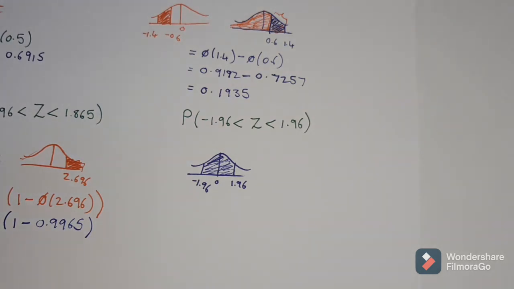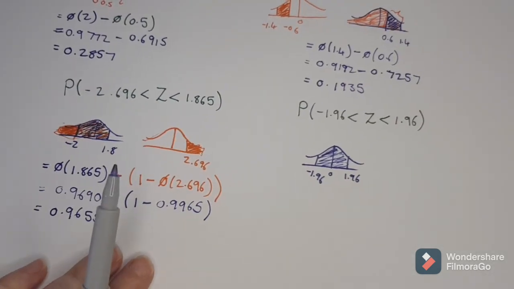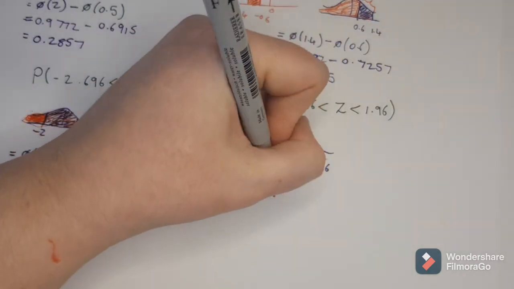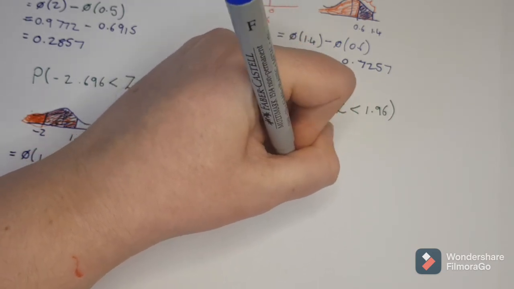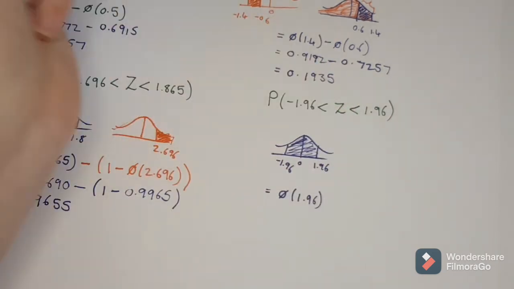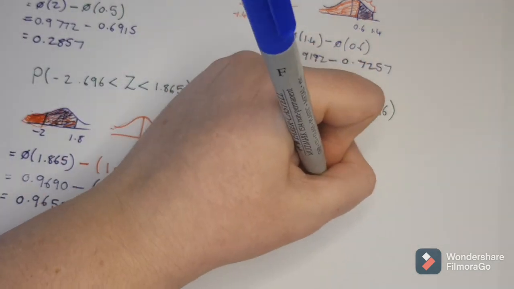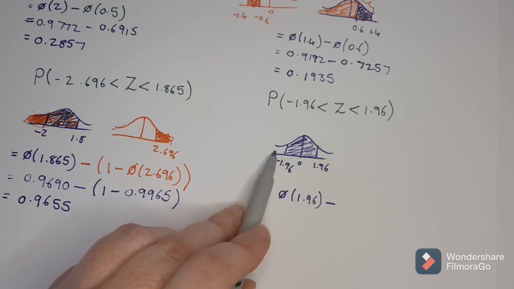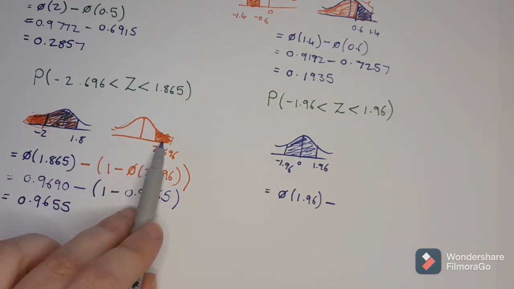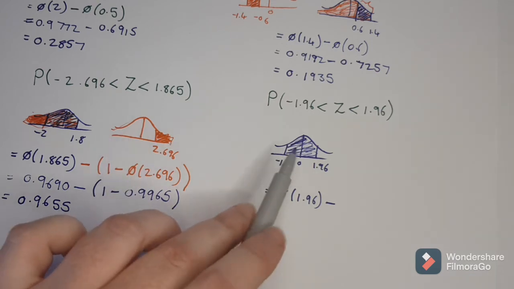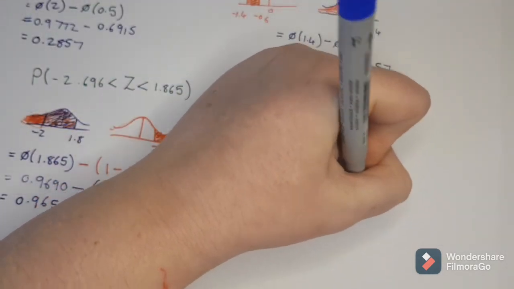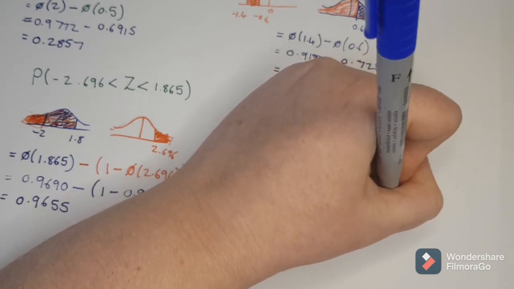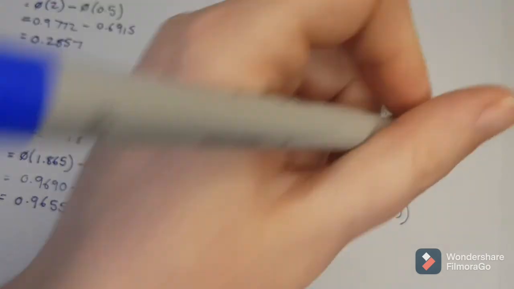So now just like I did there in my one next to it, where I had my positive to my negative, I'm going to take my positive value. And then I'm going to subtract where I had the negative space that I want to get rid of. Just like flipping the curve, that area there, I would have said 1 minus. So I'm going to say 1 minus my 1.96 value.